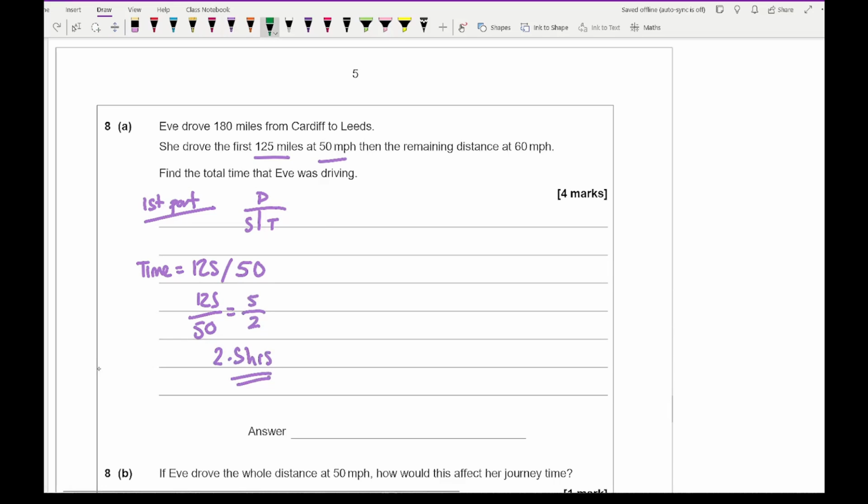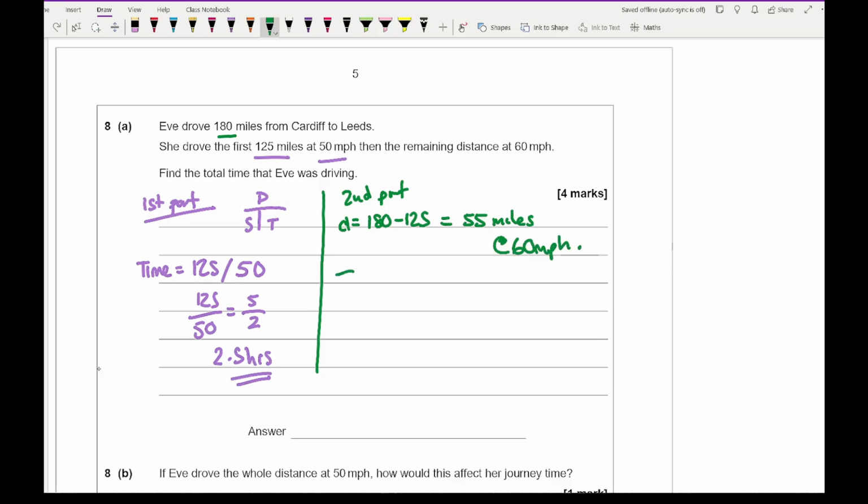Then if I move on to the second part of the journey, the distance is going to be 180 minus 125, so that's 55 miles. And the speed at which Eve is travelling is 60 miles per hour.